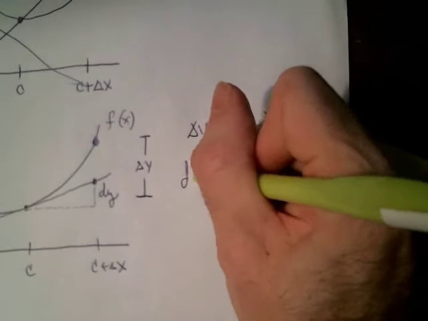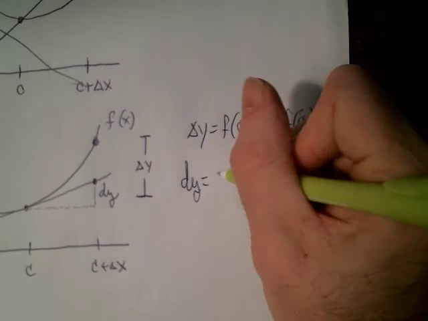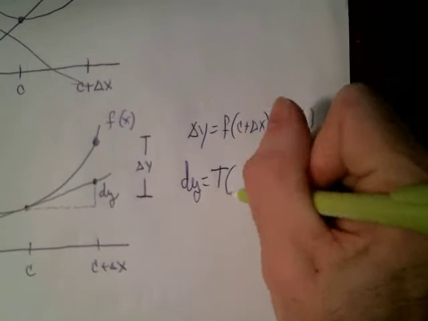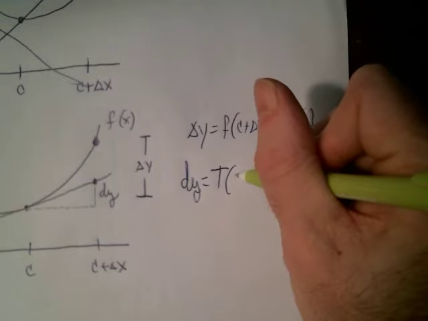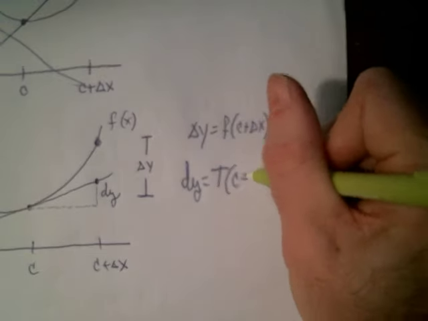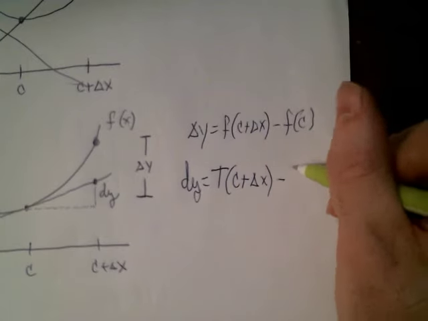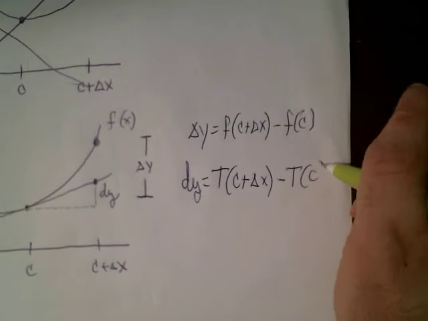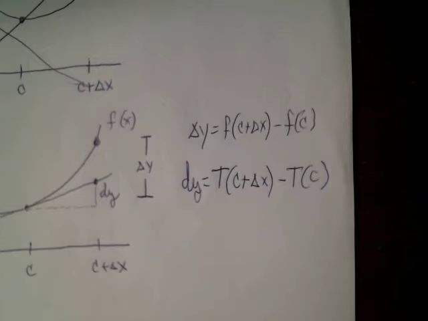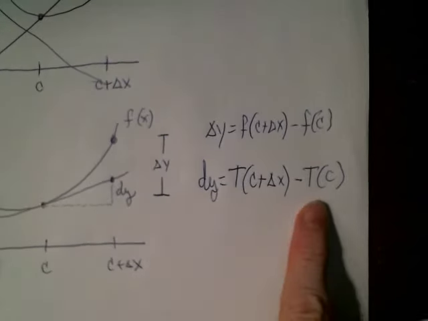So dy is the difference between the tangent line evaluated at c plus change in x and the tangent line evaluated at c. Okay, we can get a nicer expression for this value.